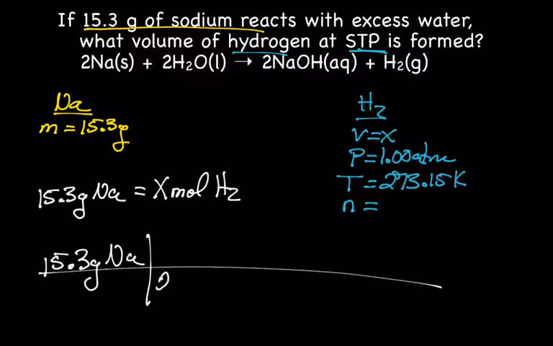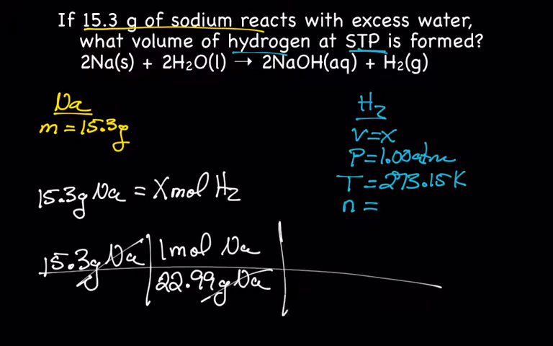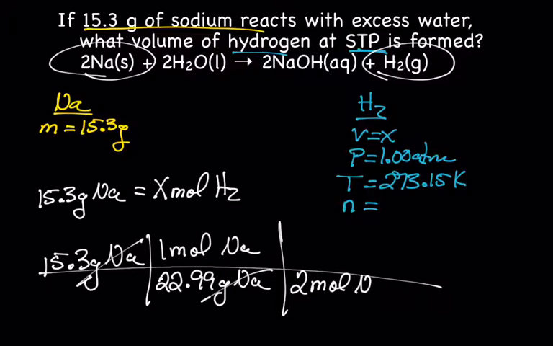And to convert from grams of sodium to moles of sodium, we can use 1 mole of sodium equals the molar mass of sodium. So we're going to have 22.99 grams of sodium, 1 mole of sodium. So those cross out. Now that we're at moles of sodium, we can use the balanced equation to get to moles of hydrogen. So we are interested in sodium, which is 2 moles, and hydrogen, which is 1 mole. So we're going to have 2 moles of sodium, 1 mole of hydrogen.